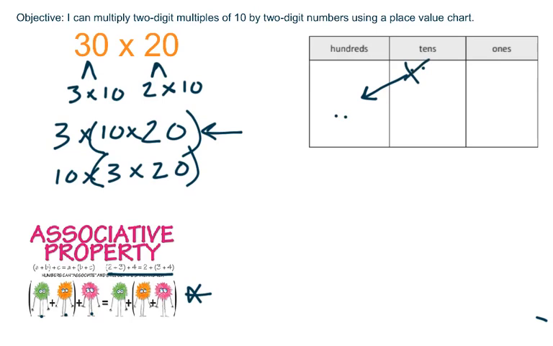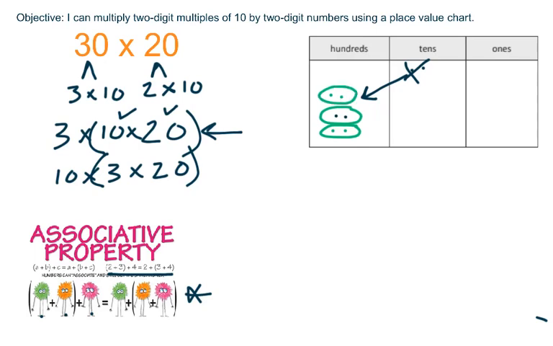So I'm done with those. Then my final step was multiplying by 3, which told me that I needed 3 groups of the 20, or what is now 200s. So that's 1 group, 2 groups, and 3 groups.